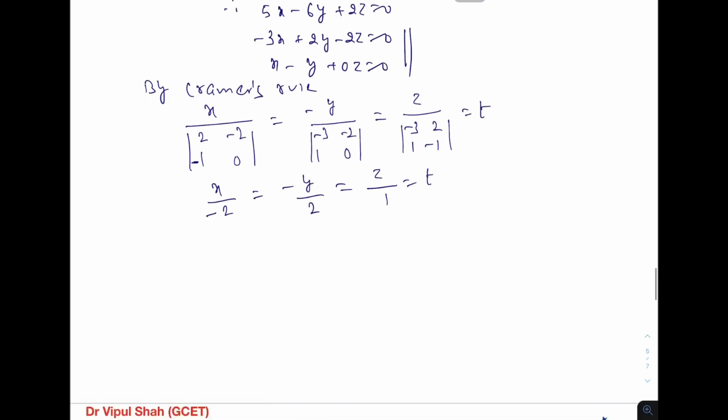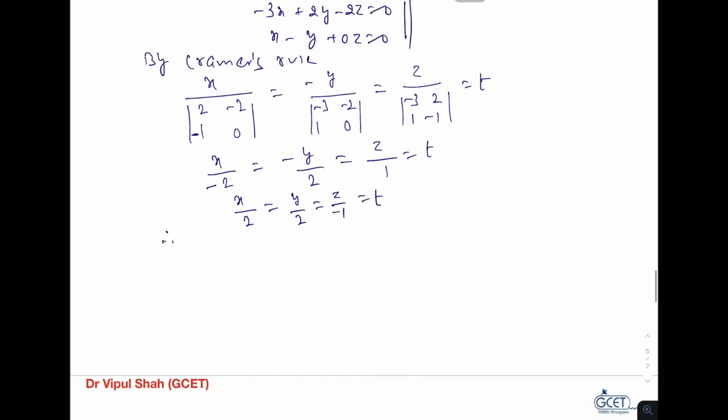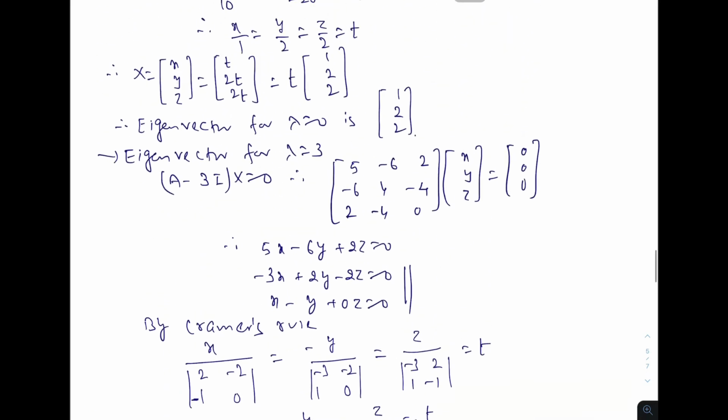Okay, and so now we are having minus 2, 1, so you can have even x by 2 equal to y by 2 equal to z by minus 1 equal to t, and therefore x, that is x y z, is 2t, 2t, minus t, and so that is nothing but 2, 2, minus 1.